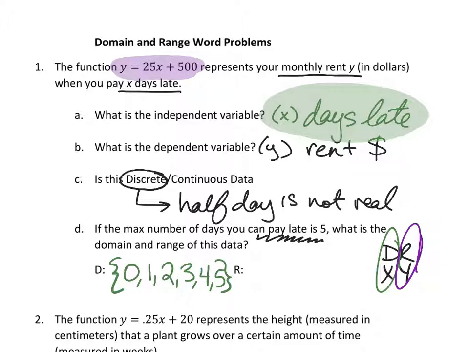Now, a couple days ago, we took notes and we had an example of this where we've had the domain and we created the range. Does anyone remember what we did to create that range? We took the domain and we plugged it in.